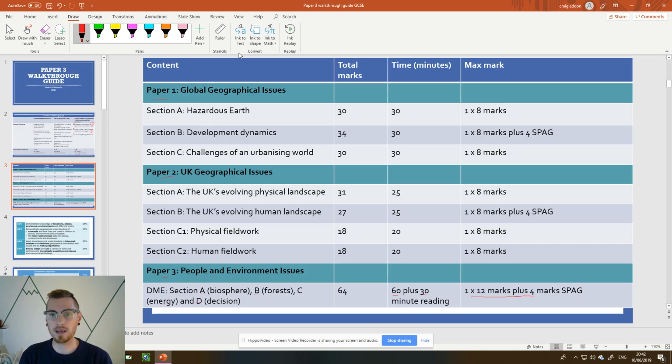But fundamentally, we have two 8 markers in this paper and we have a 16 marker in this paper, which means you're going to be working as tightly as Paper 1 and Paper 2 in terms of the time frame that you've been allocated here. I think we need to read the resource booklet succinctly at the beginning of the paper and get very quickly into answering our questions.